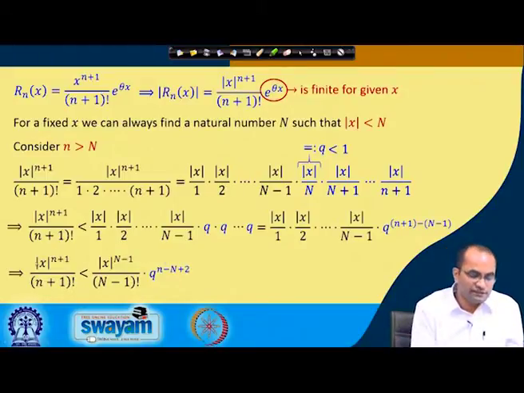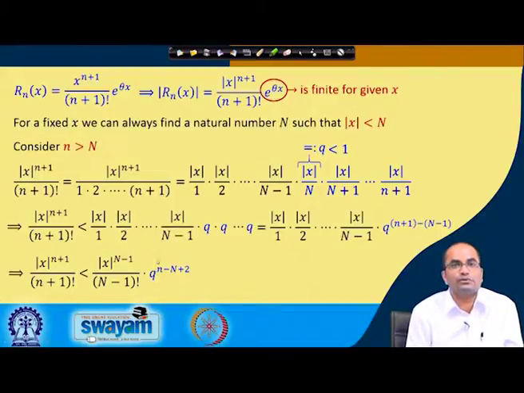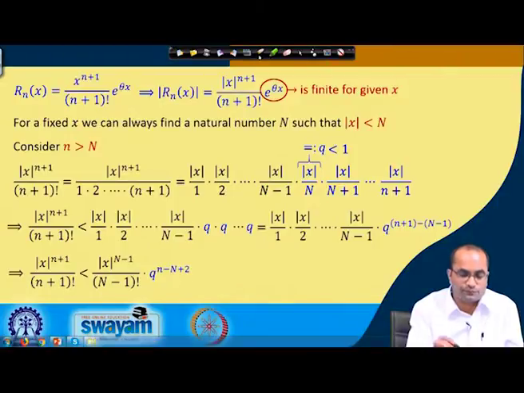And now, we can take a limit here. q is less than 1, and when n goes to infinity, this n goes to infinity, and q is less than 1, then this goes to 0, and here some fixed number is appearing. So, everything goes to 0.